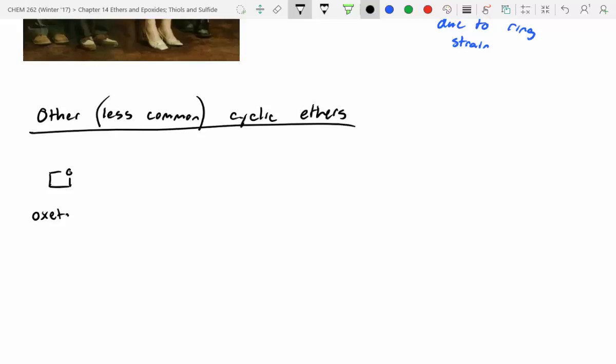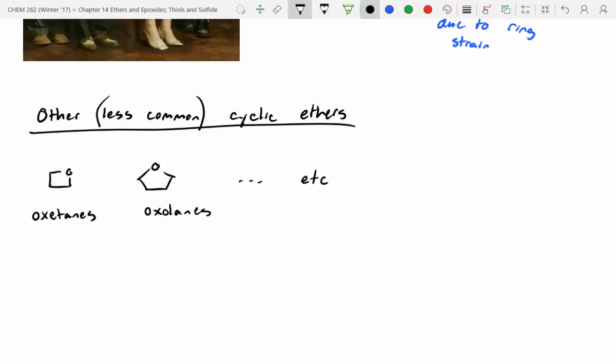These really aren't used that commonly in organic synthesis because they're less reactive, they're harder to make. You can also have oxolanes. And you can have a bunch of other ones of varying ring sizes. However, epoxides far and away are the most common, and we're going to spend a chunk of time talking about them. Wasn't that THF?